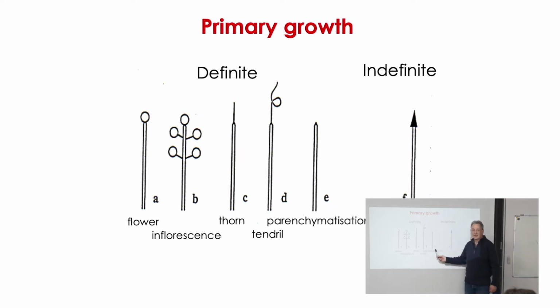But it can go a different way. It can differentiate into different things, and this is called definite growth. One very common one is the flower. So the flower in a plant is a transformation of the meristem, and the meristem, after producing the flower, is no longer able to grow the axis. So the flower is really the terminal organ of the stem.